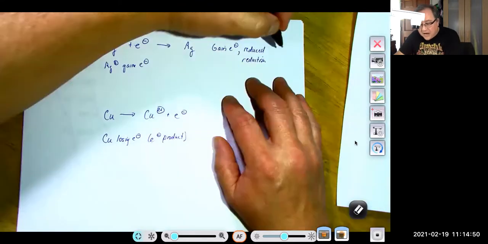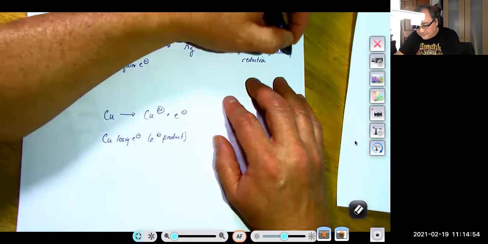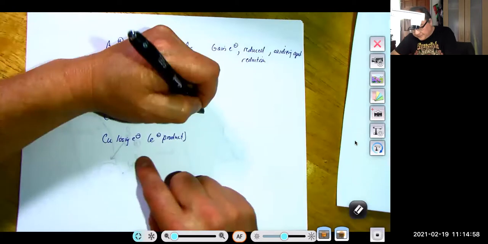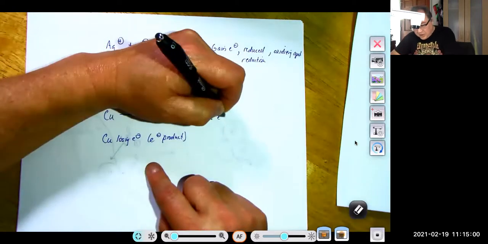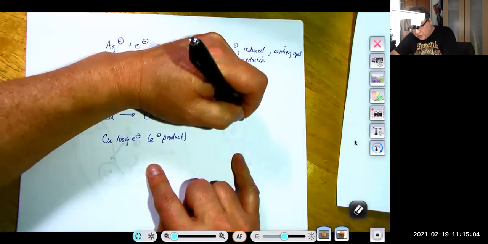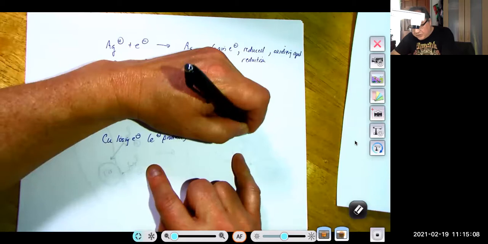And you're the oxidizing agent. If you lose electrons, you're oxidized, or that's oxidation, and you're the reducing agent.